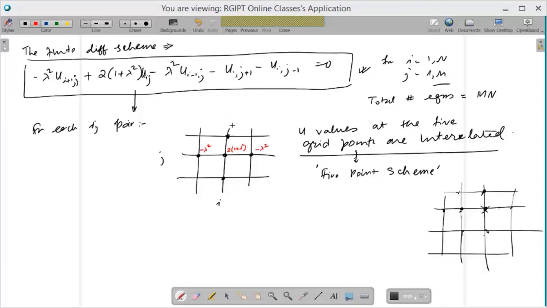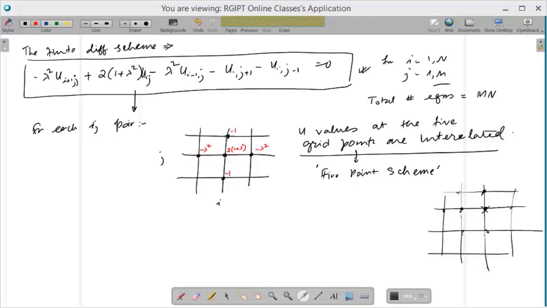Okay, and then u_i,j+1 is minus 1, and this minus 1. Okay, if you take this value, multiply with minus 1, this with minus lambda square, this with minus 1, this with minus lambda square, this with 2 into (1 plus lambda square), and sum it up, that should give me 0. Okay, so this is the kind of constraint that must be followed by u values at these grid points.